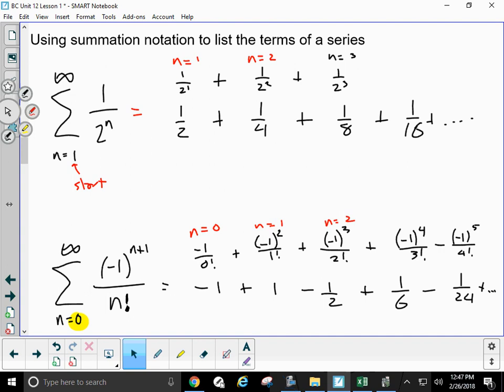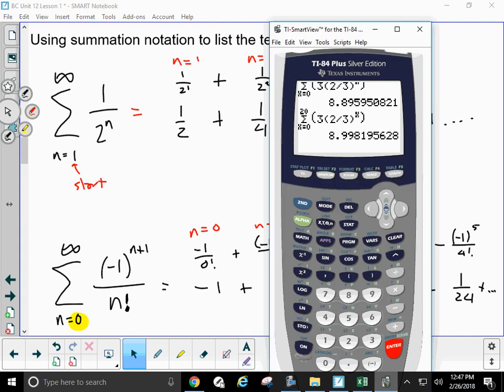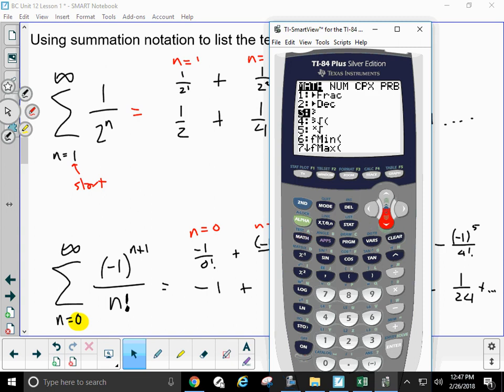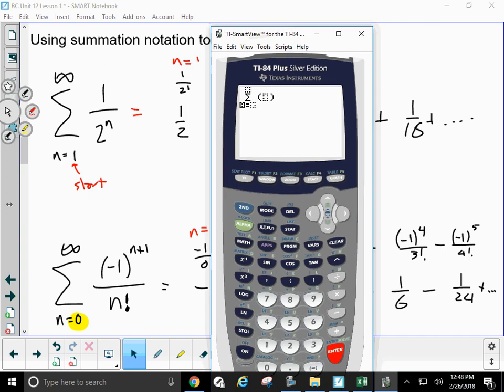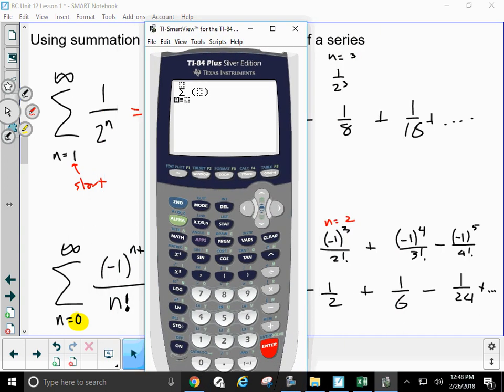Okay, and you could pull up the sum by going to math 0. So math 8 derivatives, math 9 integrals. What's next in the calculus curriculum? These sums. So math 0. And you can start at 1. Now you're not going to be able to plug in infinity. Okay, calculator doesn't like that. It's going to work on forever.